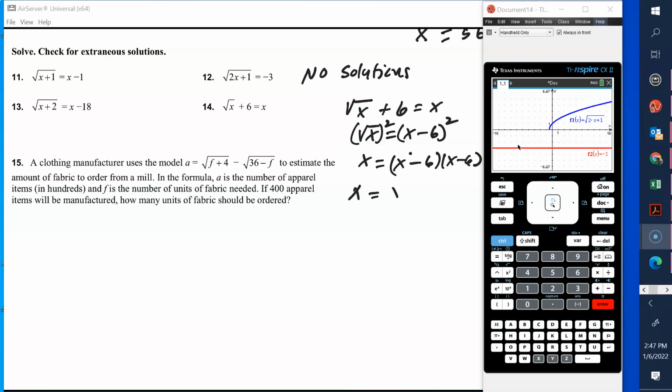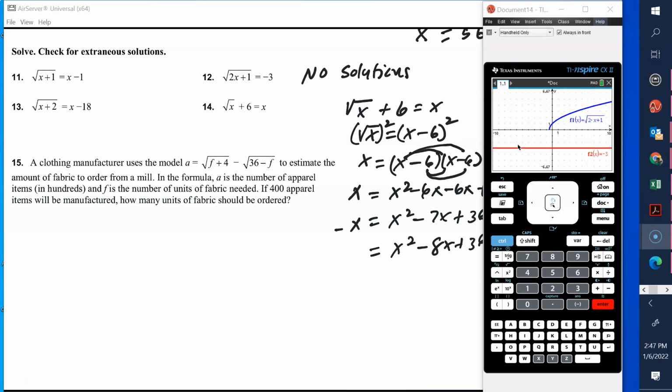So you have x equals x squared, because x times x gives you x squared. X times negative 6 is negative 6x. Negative 6 times x gives you negative 6x. Negative 6 times negative 6 gives you positive 36. So you have equals x squared minus 12x plus 36. You subtract x, so you have x squared minus 13x plus 36 equals 0.